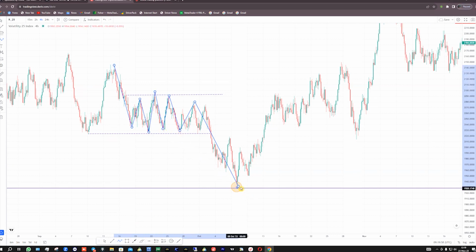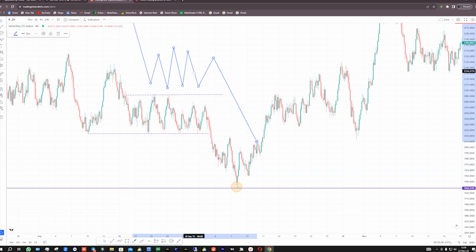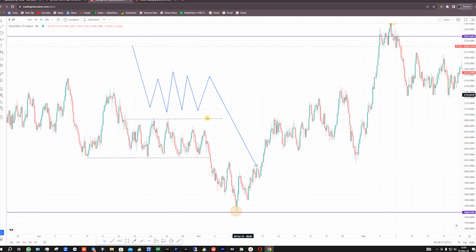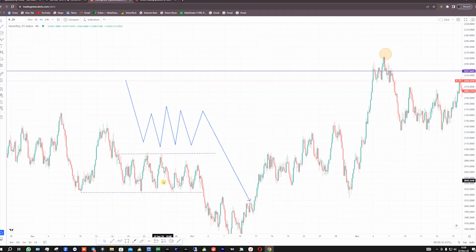It is very easy to draw these things. And when people are training people about these patterns, it looks so easy. But when it comes to the market, you find that it's not that easy to see these patterns.